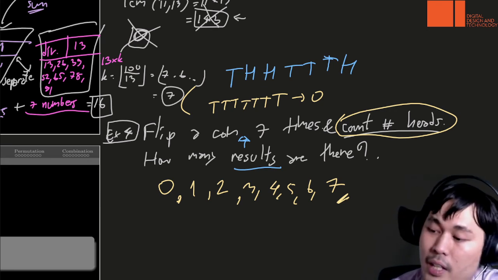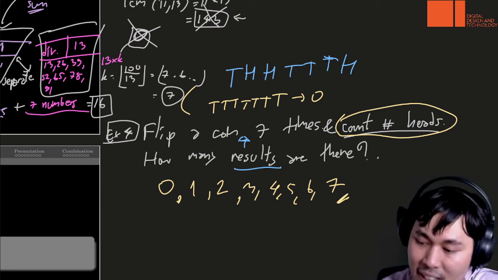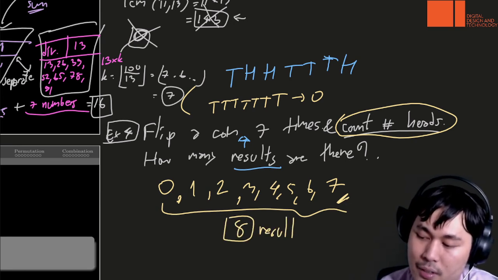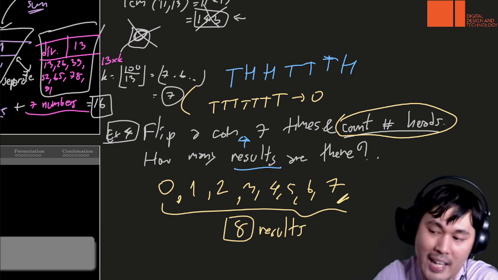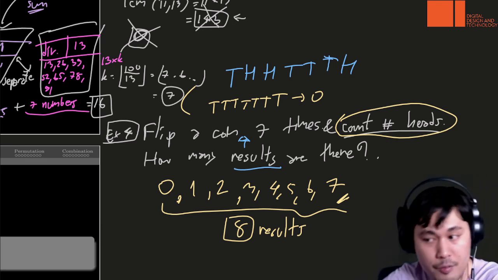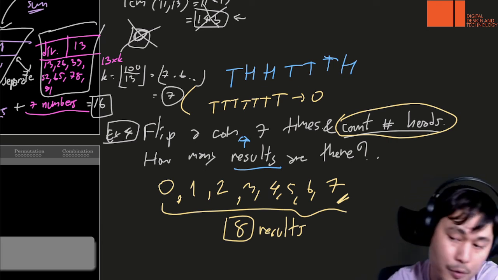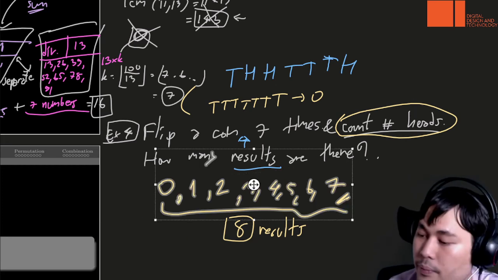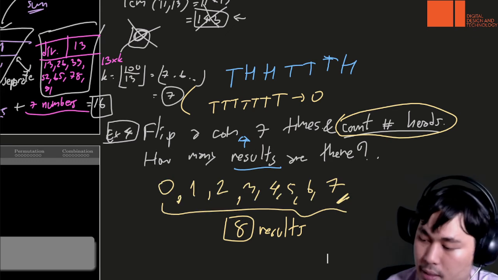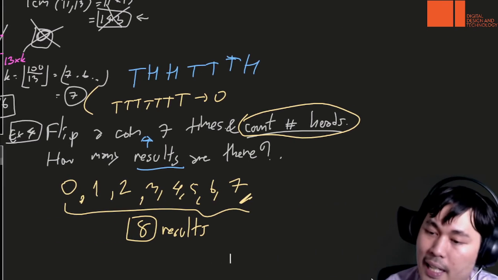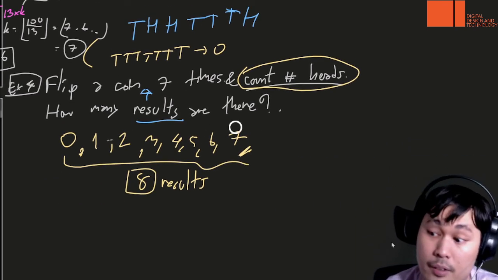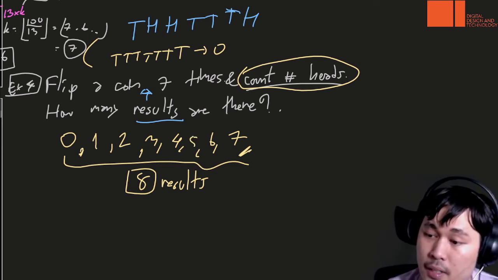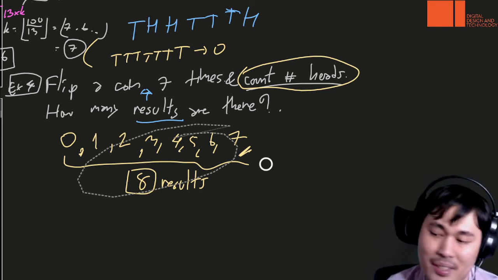And in these questions, if I ask you how many results are there, the answer is 8. There are only 8 results. Even though there are many different sequences of flips, if I ask you to focus on the number of heads, the answer is 8. There are only 8 counts of heads, from 0 to 7. So that's the answer, which seems weird, right?